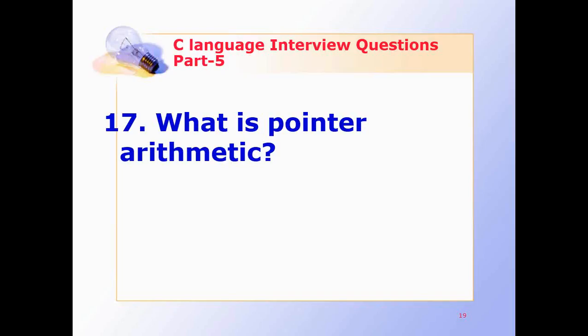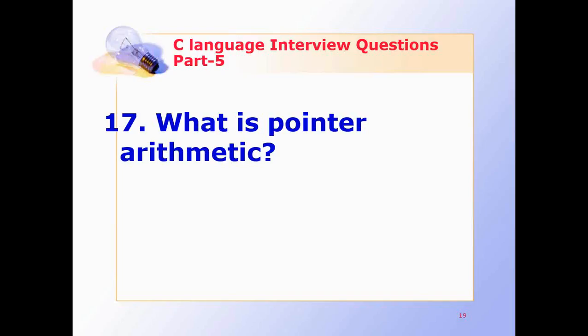PTR plus plus. Now, from the above, PTR will point to the location 1004, because each time PTR is incremented, it will point to the next integer location, which is 4 bytes next to the current location.